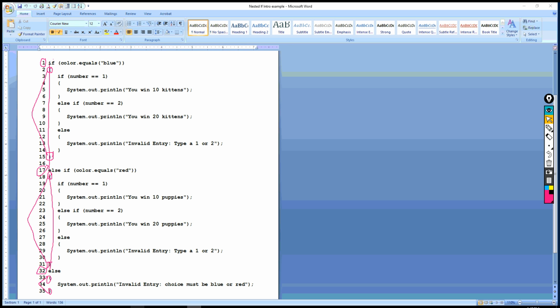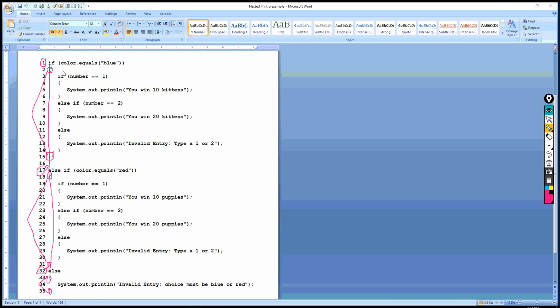The next question is, the first nested if-else structure goes from what line to what line? All right, so in here, if this is the outer if-else, then these right here must be the inner or the nested if-else.